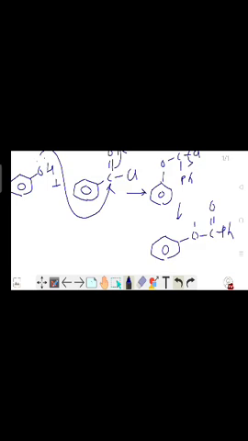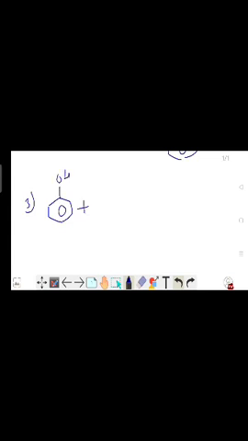Next one, reaction of phenol with ammonia. So the next reaction is the reaction of phenol with ammonia, and this reaction actually happens at high temperature, that is 300 degrees centigrade, in presence of anhydrous zinc chloride, and this zinc chloride acts as a Lewis acid and enhances the rate of the reaction, and here it involves a nucleophilic substitution reaction and produces aniline as a product.